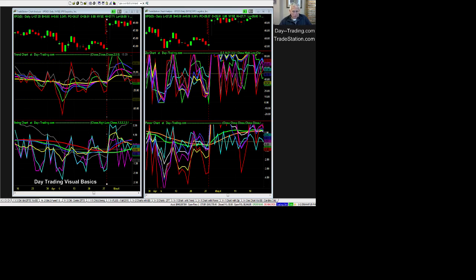Basically, I'll start with the zip chart up here, because that is key for what this gap up is all about.